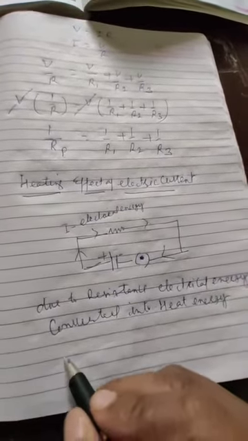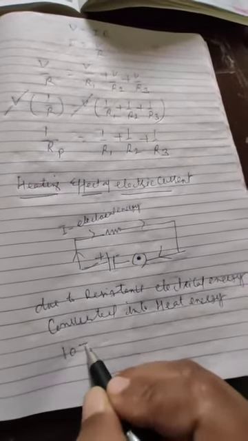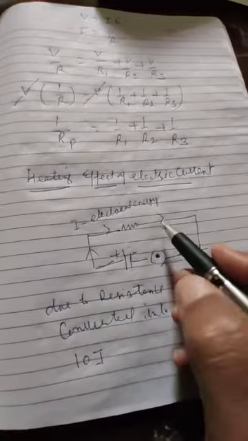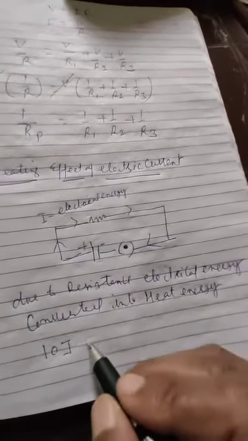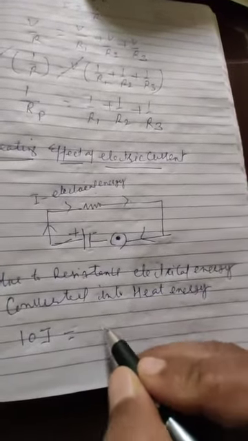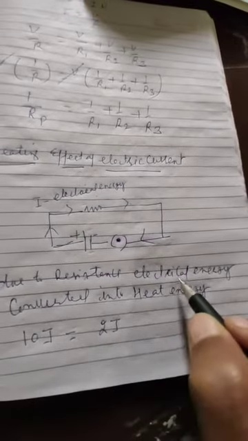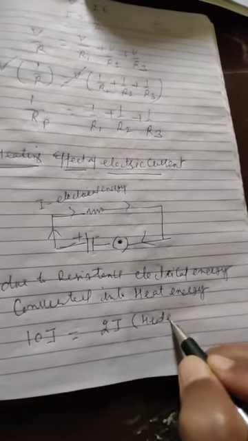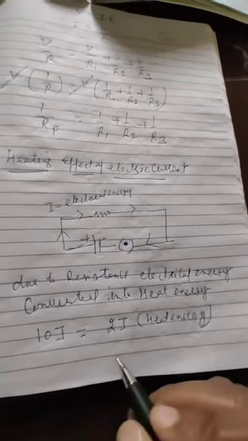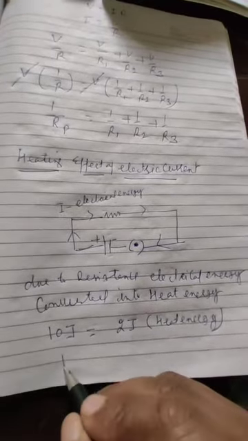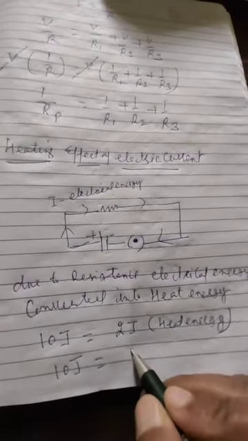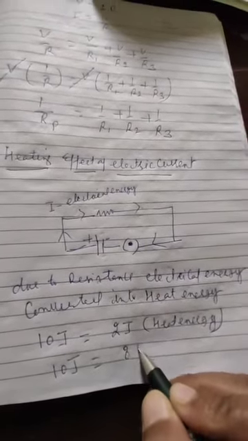Clear? Like suppose the battery gives 10 joule of electrical energy when the current is flowing through the circuit. Now due to resistance, 2 joule of electrical energy is converted into heat energy. So 10 joule is the total energy, 2 joule is the heat energy, and what is left? 8 joule.